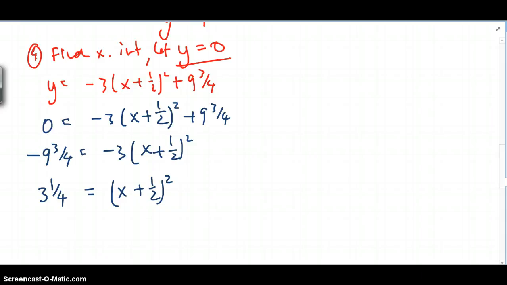Now just taking a side note from here, because I feel like some of you may have got lost. So 9 and 3/4 divided by 3. What we can do is simplify this, so this becomes 39 over 4, minus 39 over 4 divided by minus 3. We can get rid of the negatives.